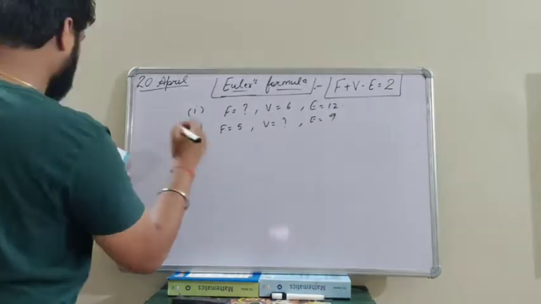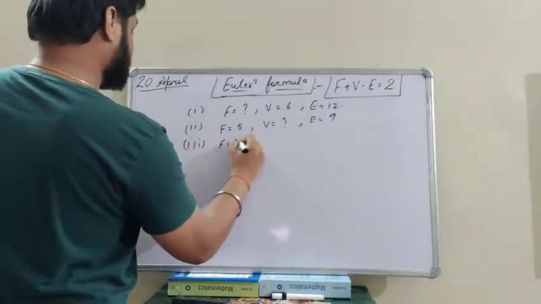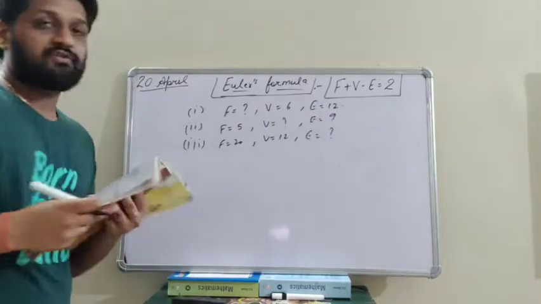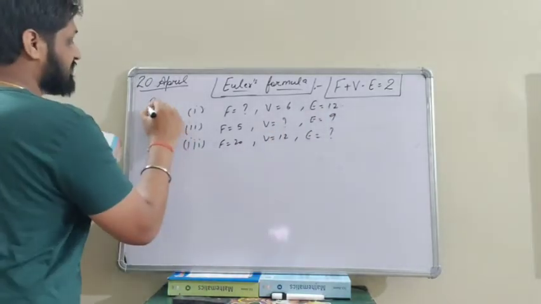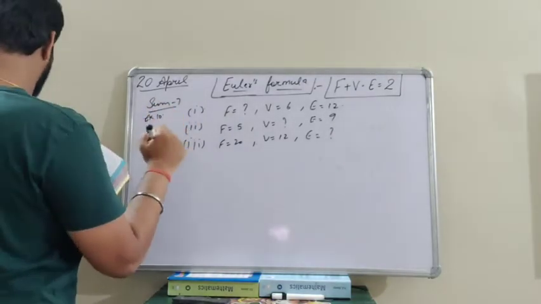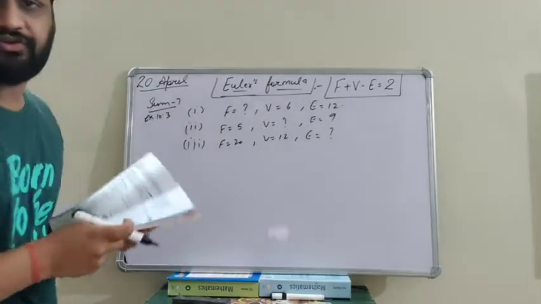And in the third part, faces are 20, vertices are 12, and edges we have to find out. So these are three parts. This is sum 7 of exercise 10.3. Very important question this is.